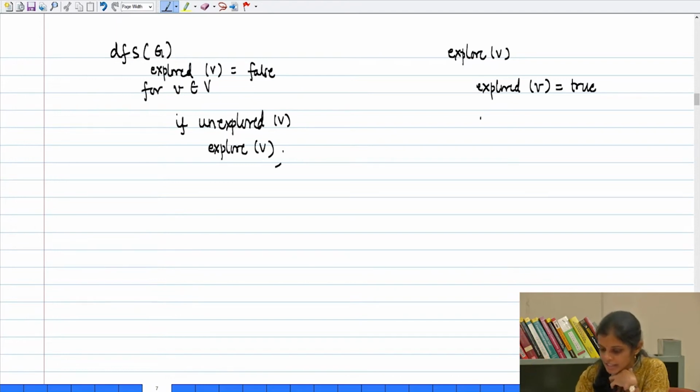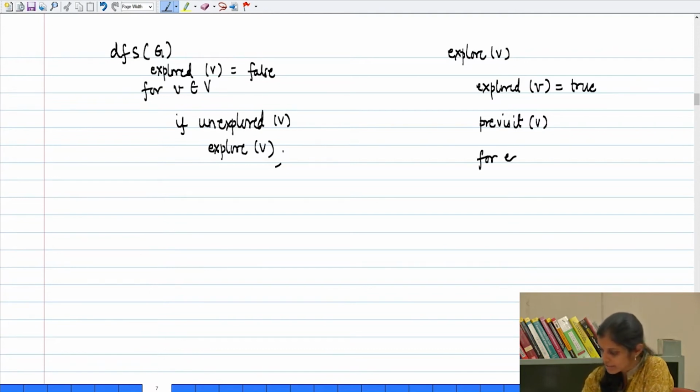So I will say that pre-visit of V is equal to whatever is the counter. What does this pre-visit procedure do? It takes that global counter, assigns that vertex the counter number, and also increments that counter. So that is a global counter which is going on, and that is what pre-visit does.